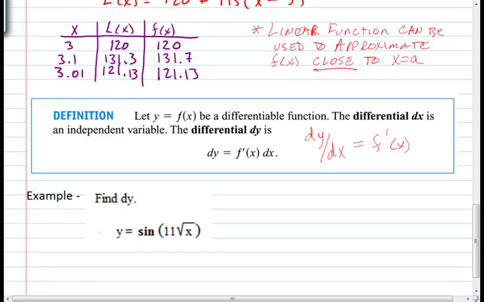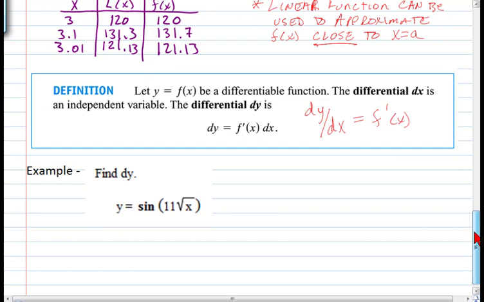So in this next example, I want you to find dy. Following what we've seen up here, dy dx is equal to, let me rewrite this function, y is equal to sine of 11x to the 1/2 power.